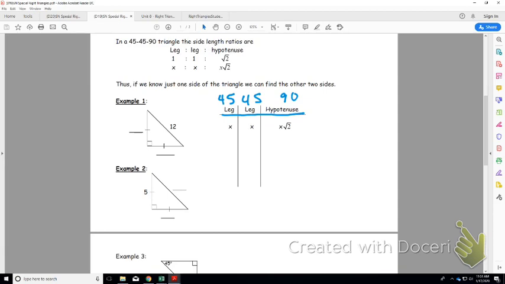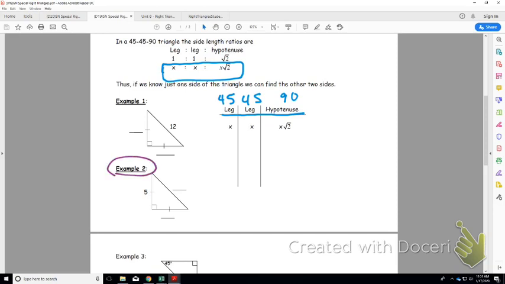We use the ratios from here. So instead of the 1, we're going to do x for both legs, and then we do x times the square root of 2 for our hypotenuse.